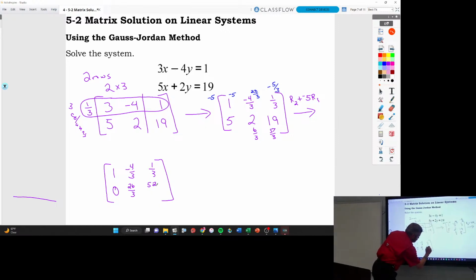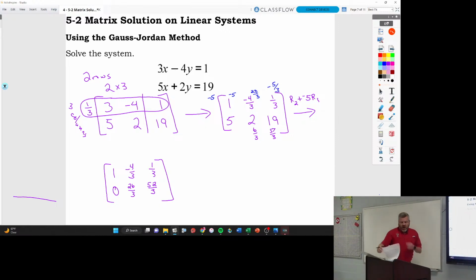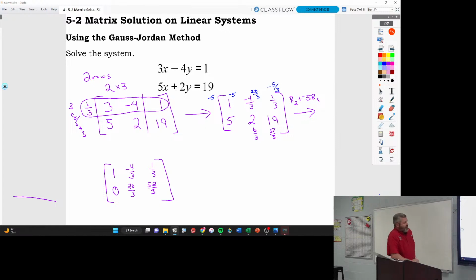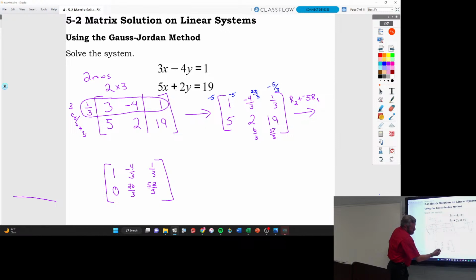Okay, so as we move along here, row 1, column 1 is a 1, and every other number in column 1 is now a 0. And now I need to somehow turn 26 thirds into a 1.